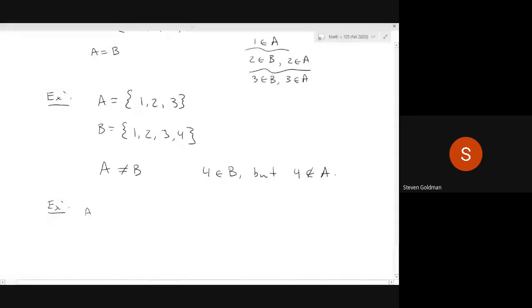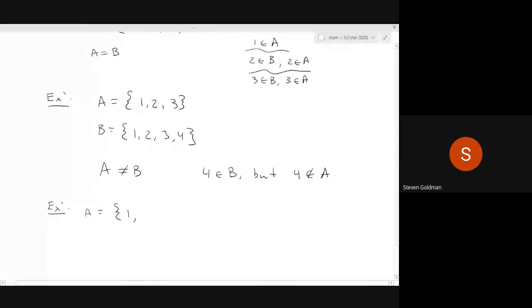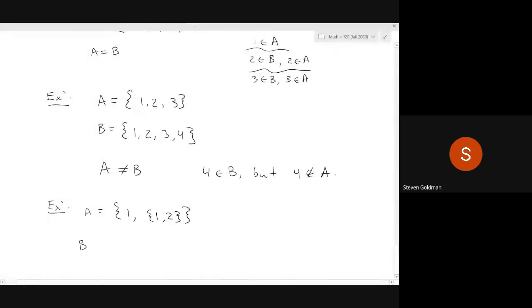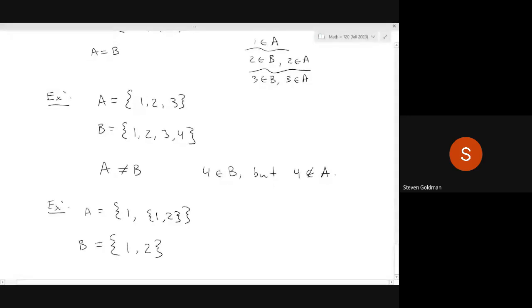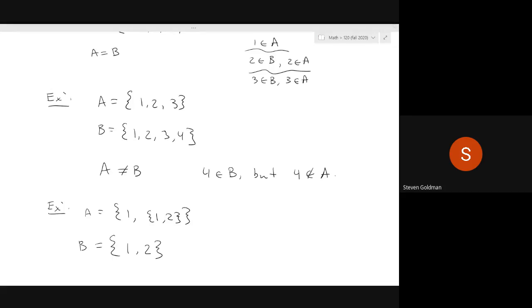Let's say I have the set A equals, this is the set from before. It has 1 and the set {1, 2}, and I have this set B here. Are these two sets equal? What do you guys say? Equal or not equal? No, unequal. Yeah, that's right.